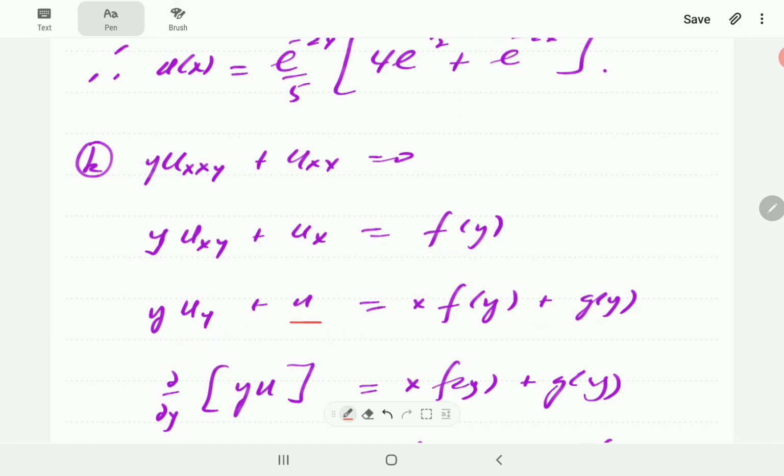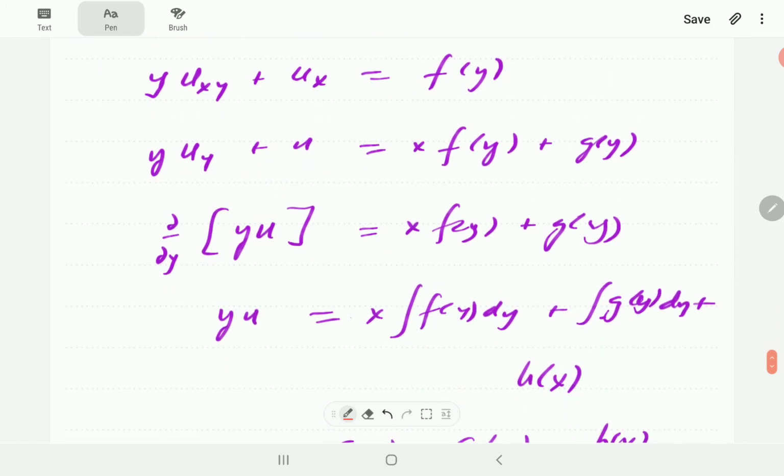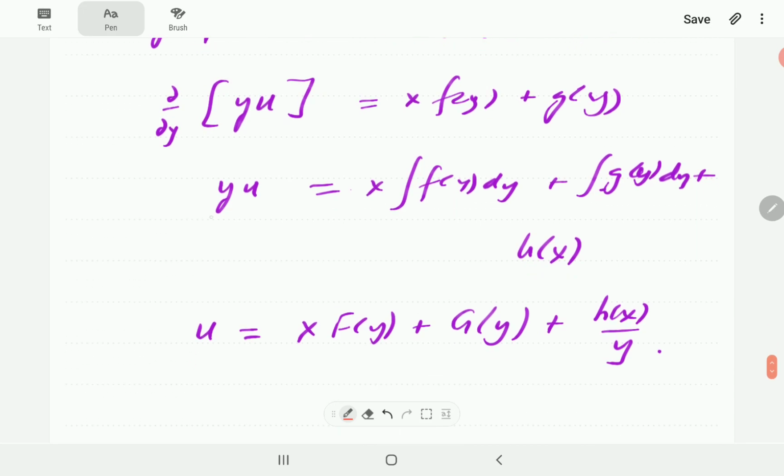Then this is now a first order ODE because there's only one derivative, and in fact this happens to be an exact derivative, so just write it as the partial of y u with respect to y, and then integrate. When you divide by y here, this is going to be a function of y, which you call big F, and that's going to be h over y.